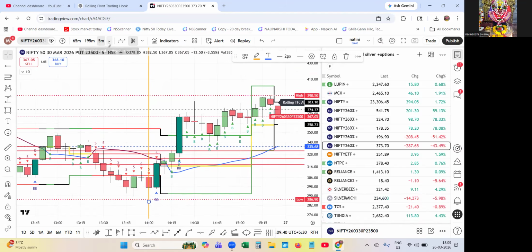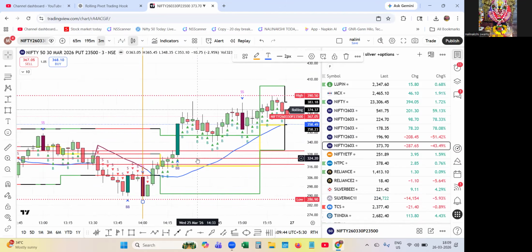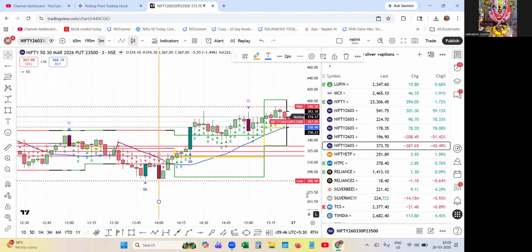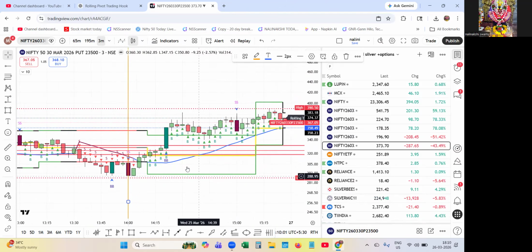Even for the entry, you can go down to 3 minutes and pick up here. Pick up here around this. So you can enter here, the price here, and at this candle, 317, same thing. You could have entered properly.